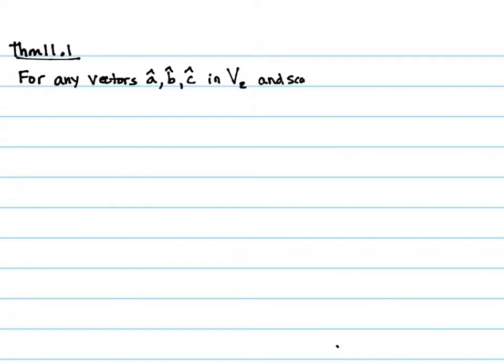And scalars. Scalars are just numbers. We're going to use the letters D and E, and these are real numbers. The following properties will hold. The first one we've actually talked about already a couple of times: if we do A plus B, we can also do it as B plus A. Do you remember what that property is called?